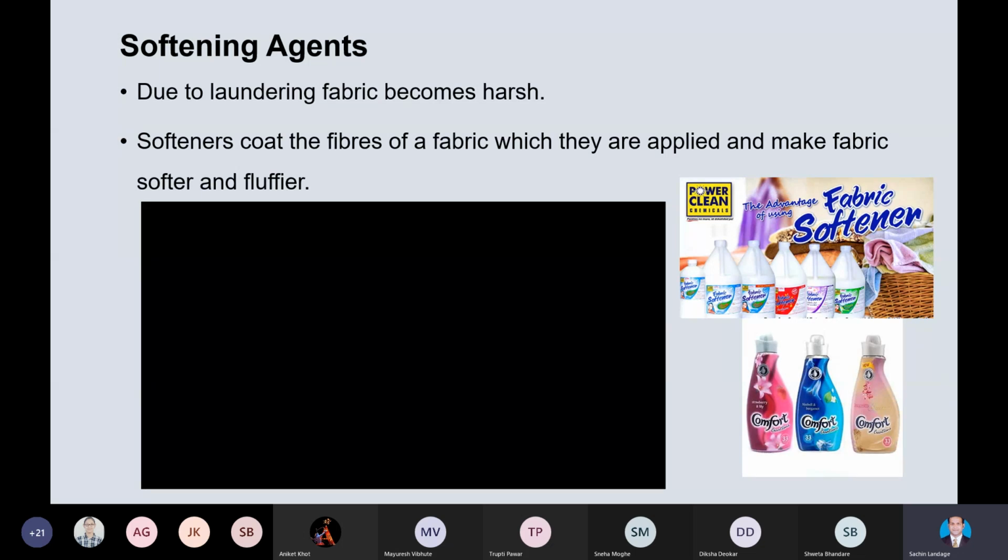In a few cases, we prefer to apply antibacterial finishes. That is again part of our laundering process. Sometimes after laundering is over, we apply crease resistance, permanent press or durable press finishes onto the garment.